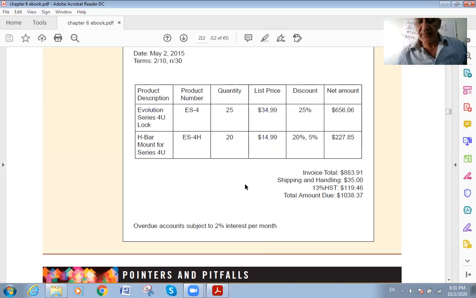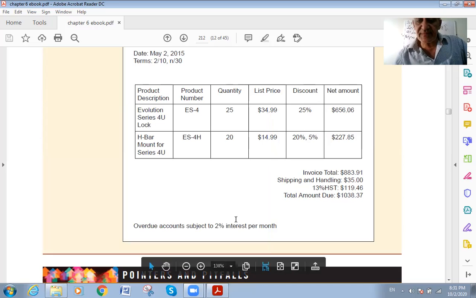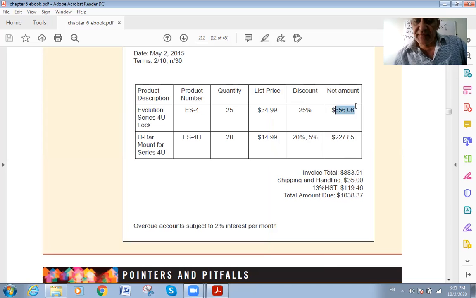Okay, now we will collect both of them together. 656.06 plus 227.85 will give me this amount, 883.91. Let's see then the total invoice.